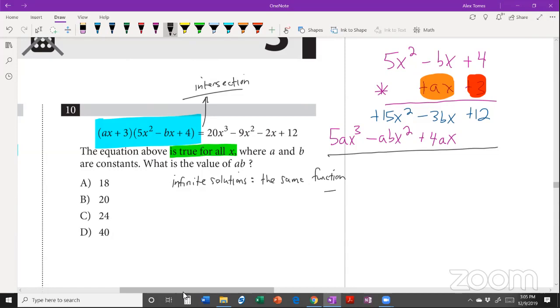So now when we write it out, we've got 5ax cubed plus 15x squared minus abx squared plus 4ax minus 3bx plus 12. And a very important instinct in this situation, because we're talking about the coefficient for the x cubed, the x squared, the x, and the number, which has essentially x to the 0 power, you want to be grouping them according to those numbers.